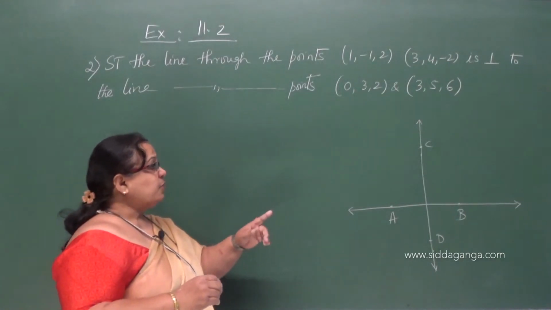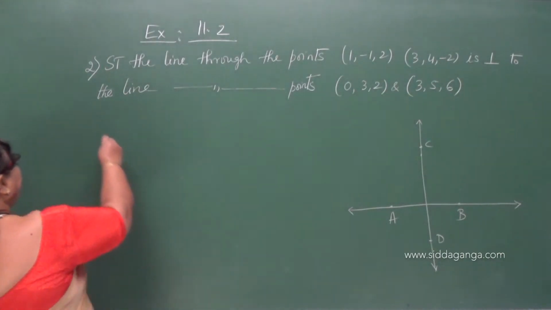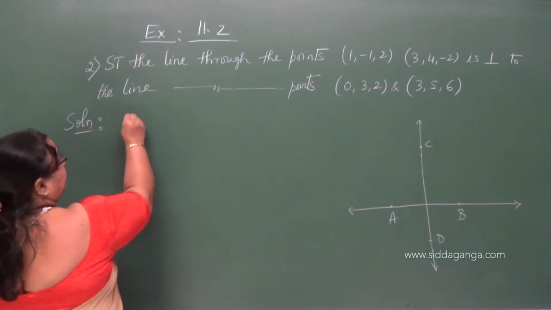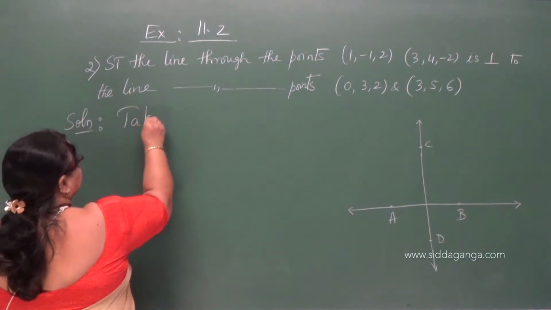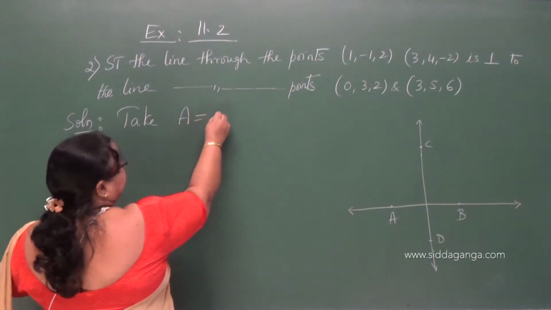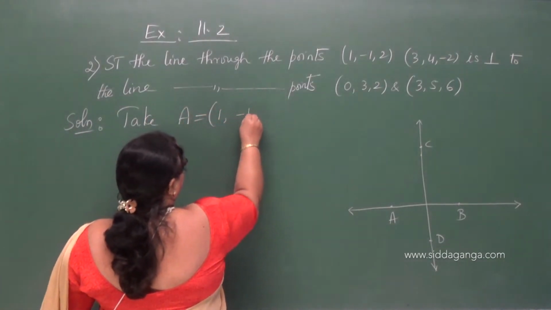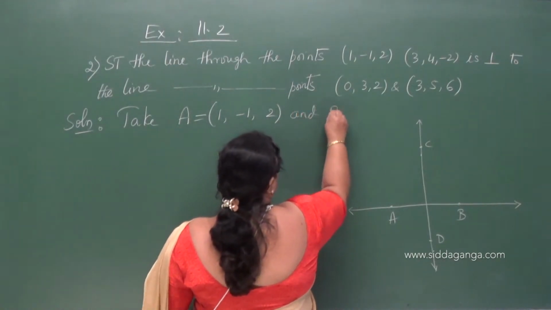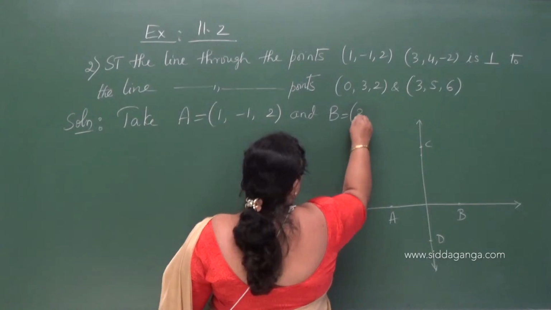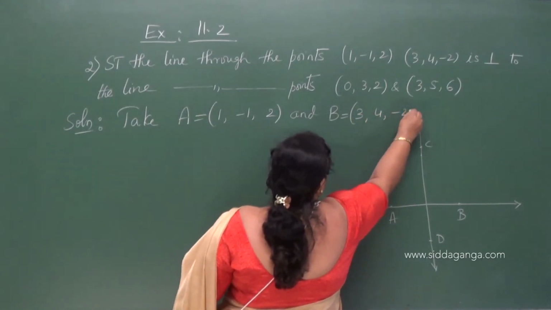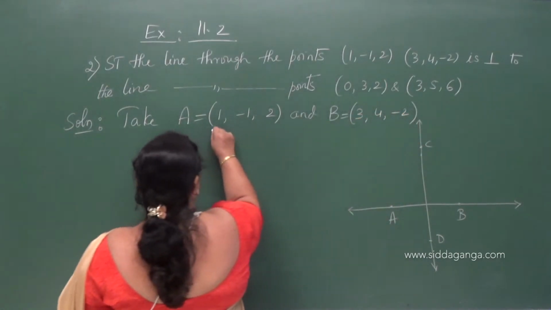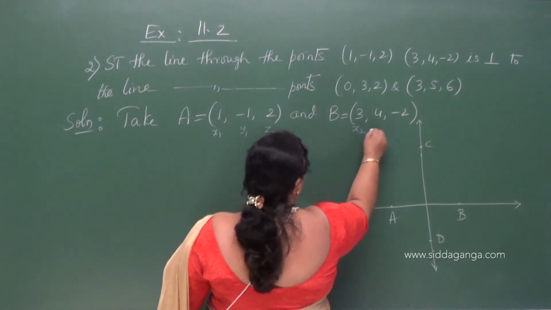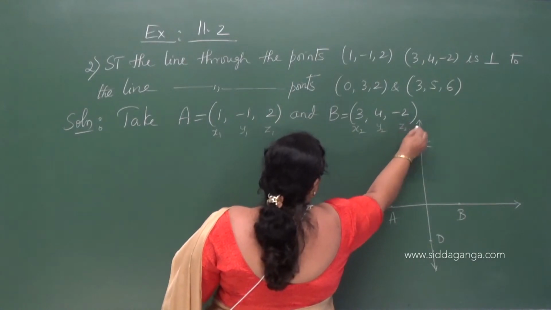So first, what should we do? For the line AB, take the first point as A, 1, -1, 2, and the second point as B, 3, 4, -2. So now this is x1, y1, z1 and x2, y2, z2.